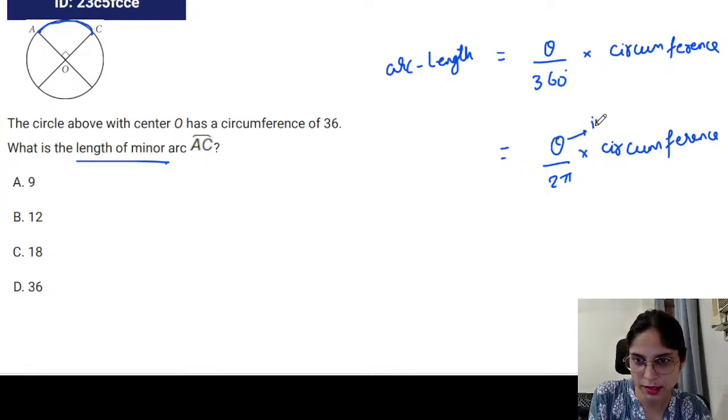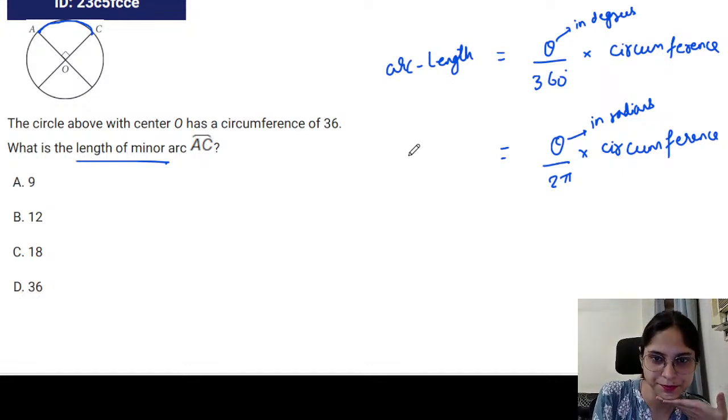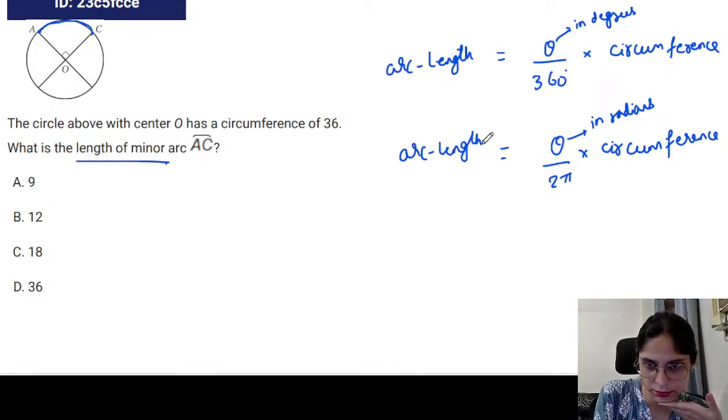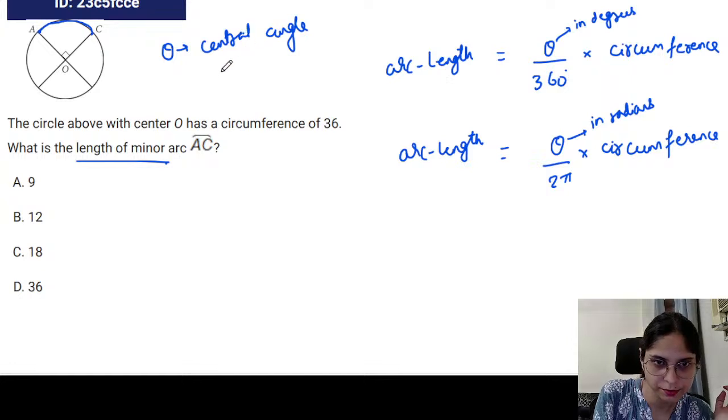This theta is in radians, and this theta over here is in degrees. Now over here, what is theta? Theta is the central angle of the arc.